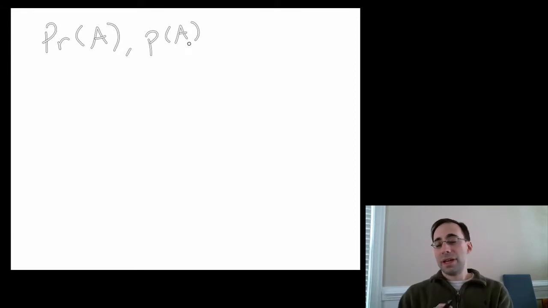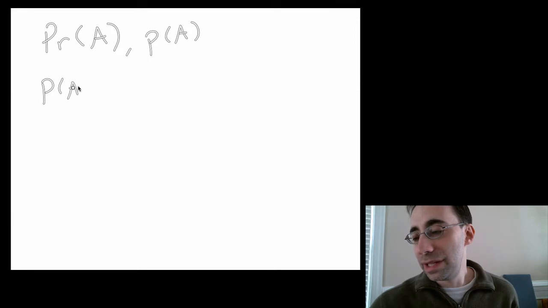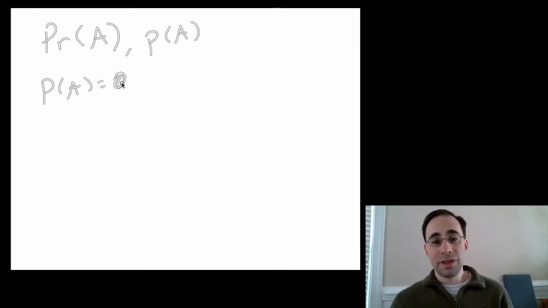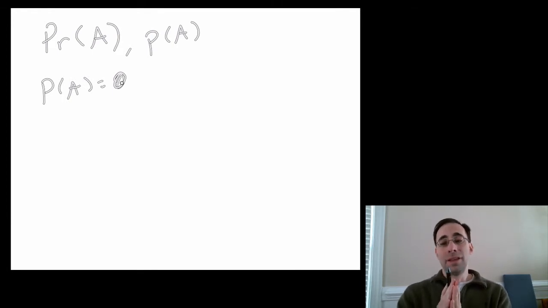A probability is always between 0 and 1. If the probability is 0, that means it never occurs. I should note here, this is not conventional, there's no chance of that happening. If the probability is actually 0, there's actually no chance of it happening. It cannot happen. The process is completely deterministic and the event never ever happens.